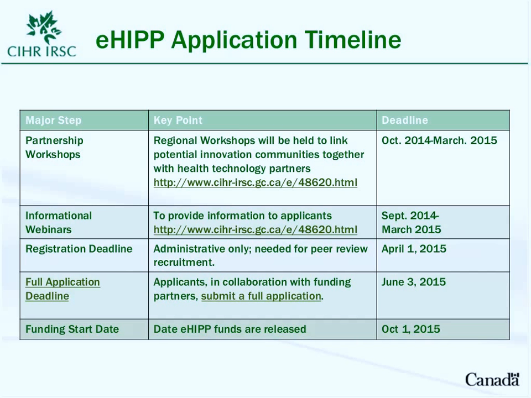It requires you to indicate how much money you're asking for and a one-page summary that is going to be used by the team at CIHR in making sure that we have the right people around the table to review the applications. So it's a way of signaling in advance the kind of content area you're going to be in. The full application is due June 3rd, 2015. And a review of the applications will occur through the summer, and the funding start date is expected to be October 1st, 2015.